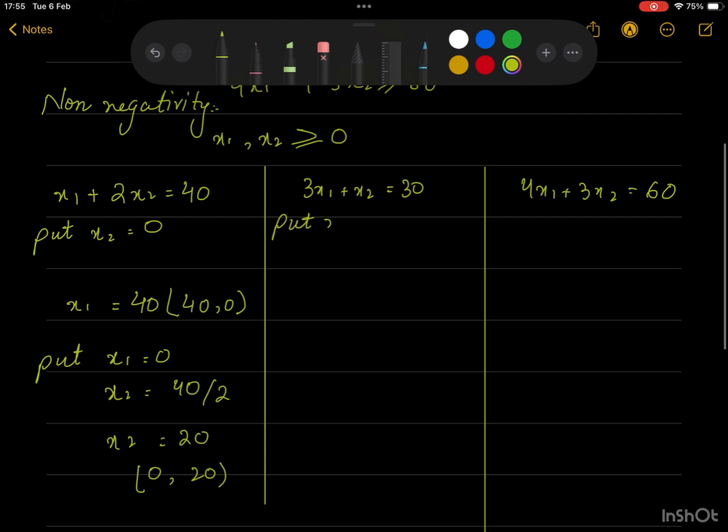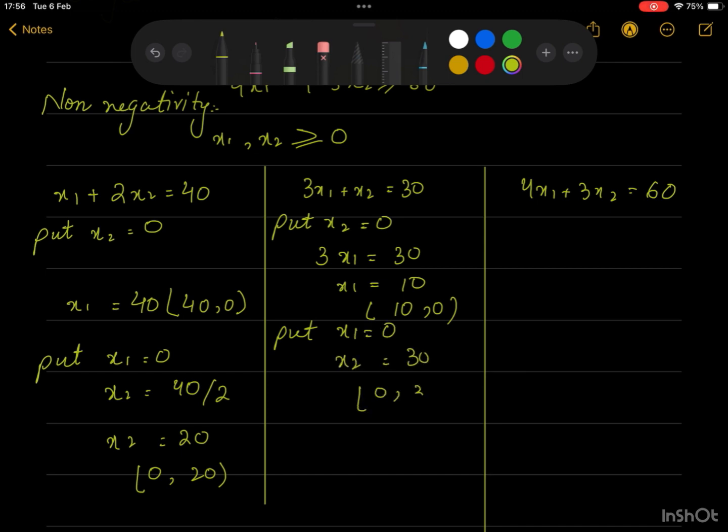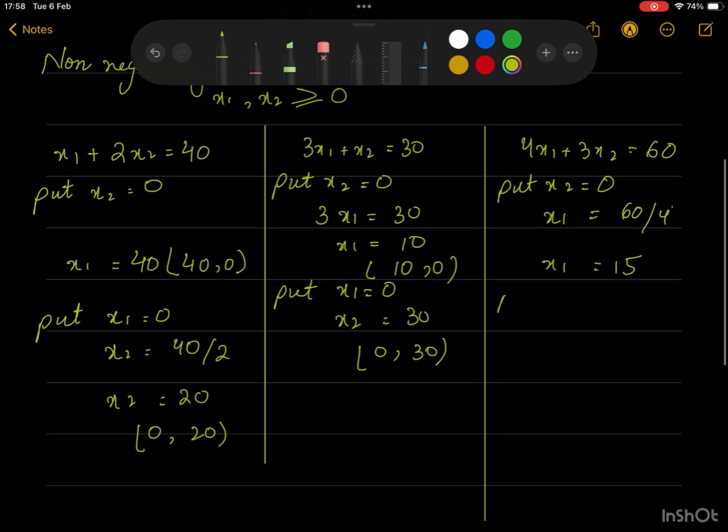In the same way, we are going to find the points of the other two equations as well. So the last point we get is 0, 20.